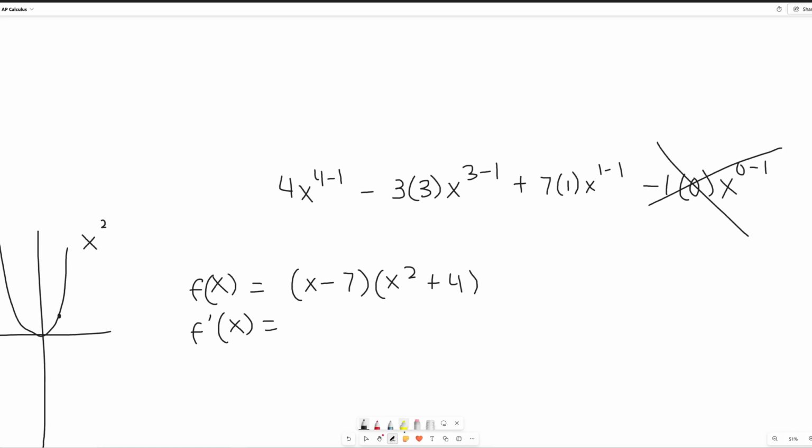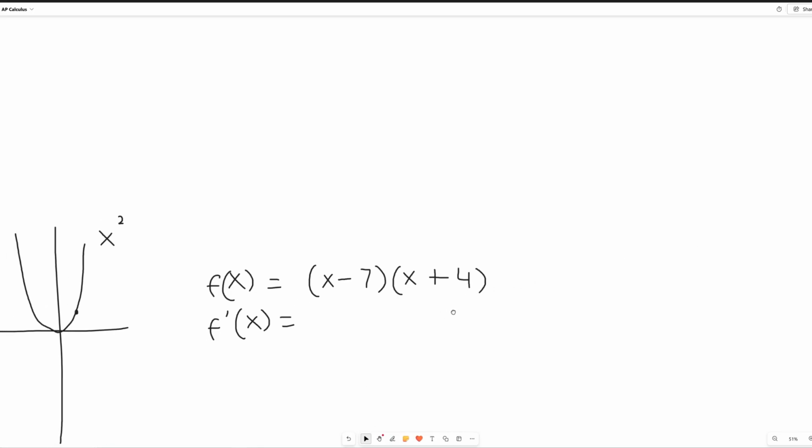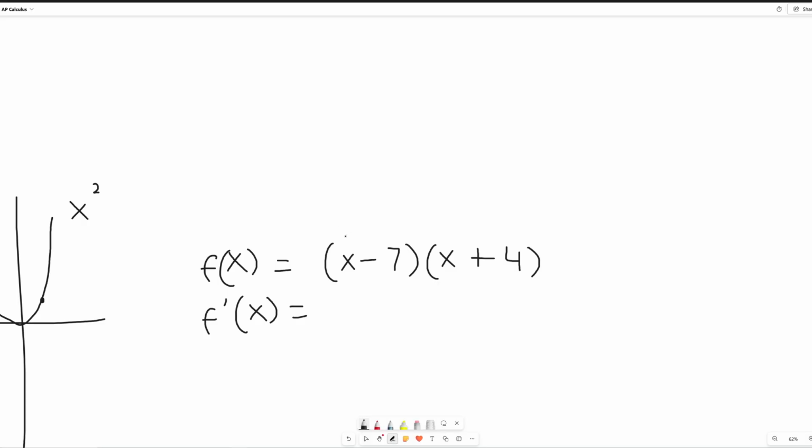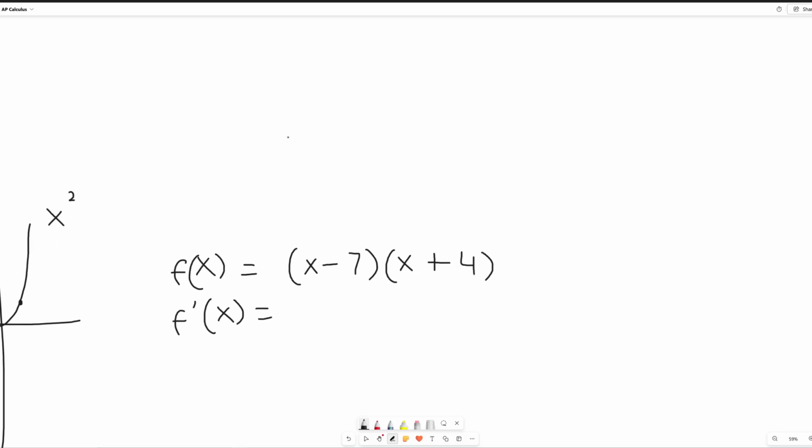If you wanted to take the derivative, one way you could do it is by foiling this out and then doing the power rule. But that takes too long. So, an easier way to look at it is with another rule, the product rule.